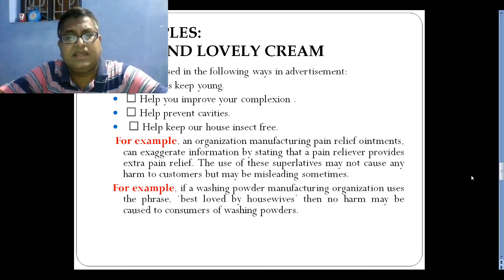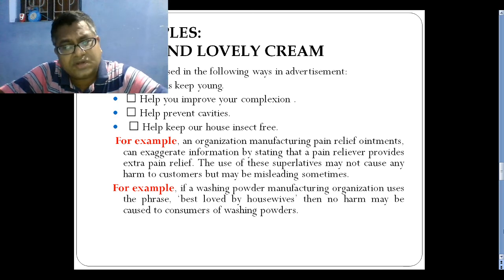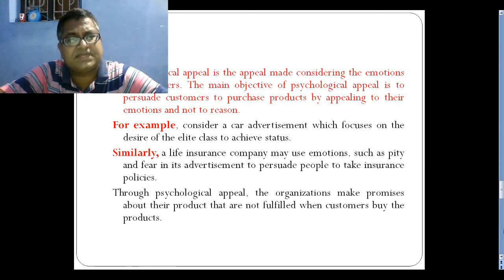They say that it is a pain reliever and that it works superlatively, and sometimes the advertisements are misleading. Another example is a washing powder, which is advertised as the best, loved by housewives, with no harm caused to the customer. Sometimes it has a cost to the customer. These are some of the problems that arise.